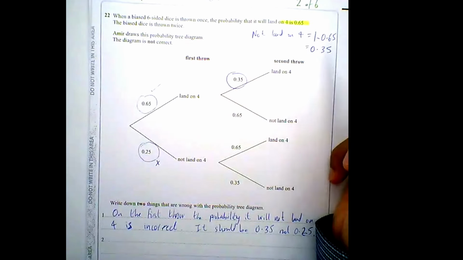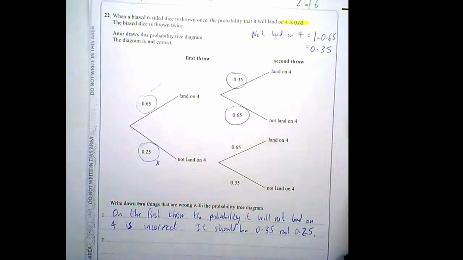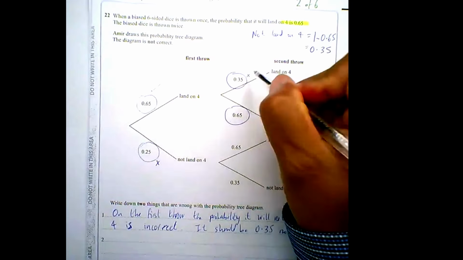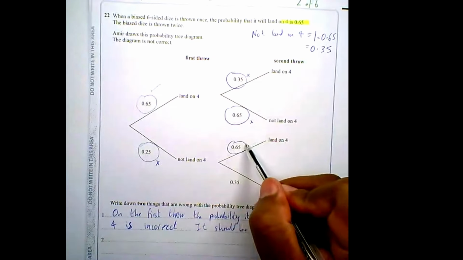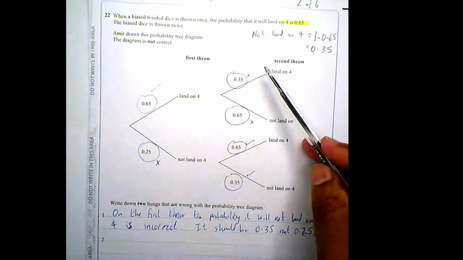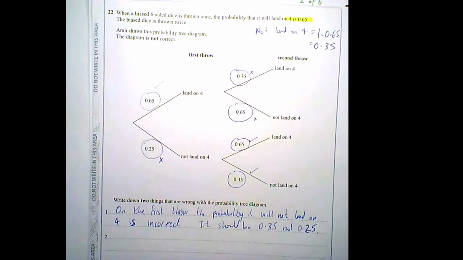And you can see this is not 0.65. And on not landing on 4, it should be 0.35. And so you can see this is the wrong way round. If we look at this one here, 0.65, that's correct. And this one is 0.35, that is correct. So the top part of this should be the other way round.